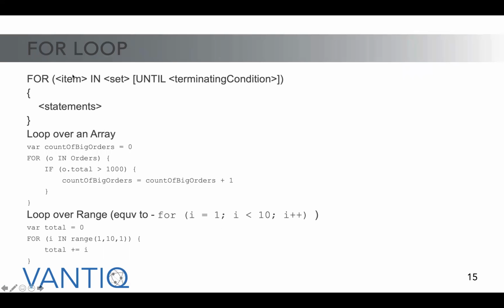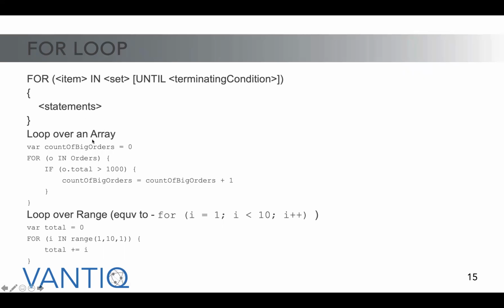Usually we do a lot of fors when we're iterating into a sequence, or a set. So let's say I have an array of people. So for people in array of people, and I can put until terminating condition there, and it will just loop.